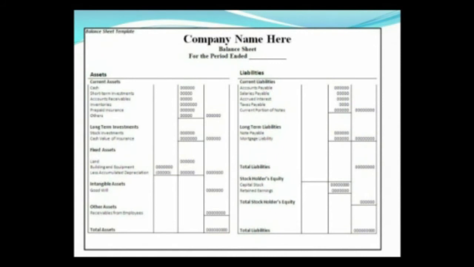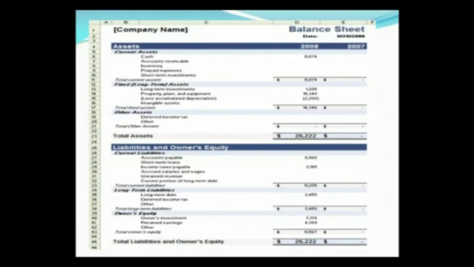Next, I have shown you the specimen balance sheet, right? This is the example of a horizontal balance sheet or the statement of financial position. On the next slide, I have shown the vertical display of the balance sheet for you. The formula is the same, right?